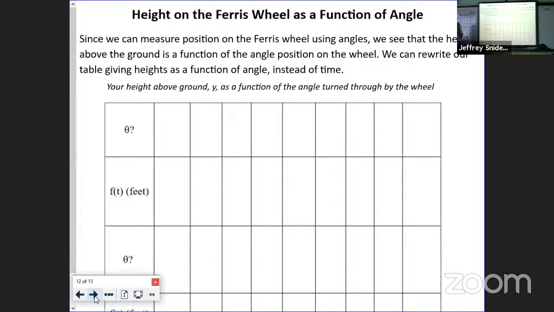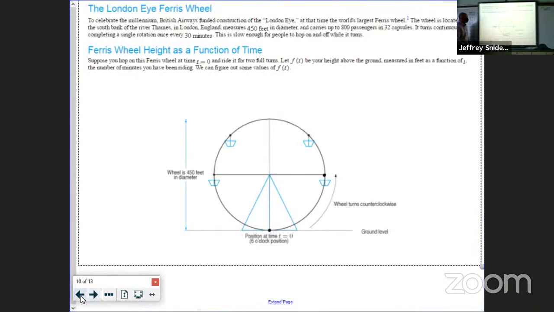Are you with me? Now, remember what we said you were starting at. If I go back to the picture, you're starting down here, and look which direction it's rotating. If I'm going to start here, do I want to call this angle 0? No. What am I going to call this angle that I'm starting at?